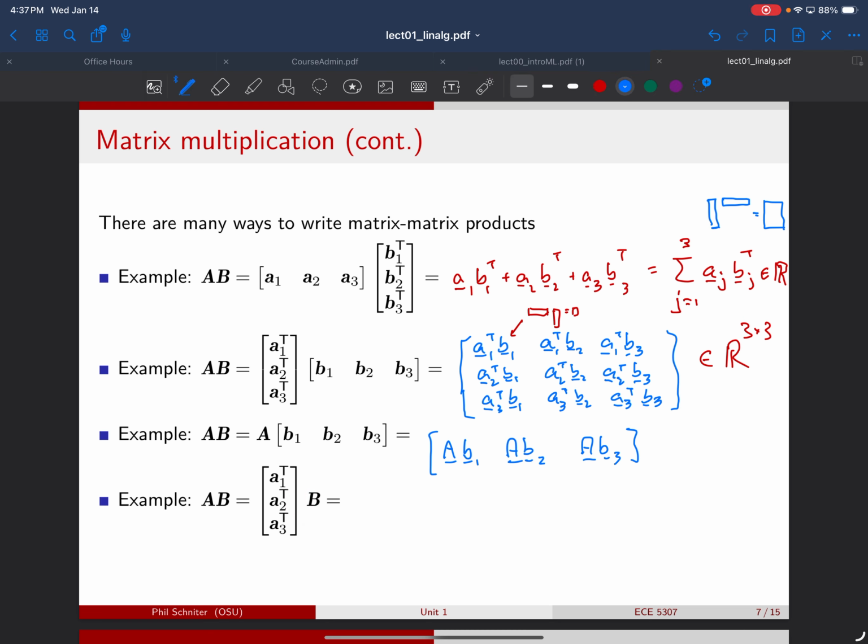And so now if we want to do this multiply, we're going to get top row of A1 transpose matrix B, and then the next row is A2 transpose B, and the bottom row is A3 transpose matrix B. Okay, so this is just for visualization.